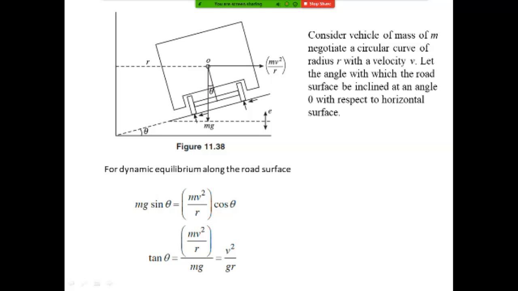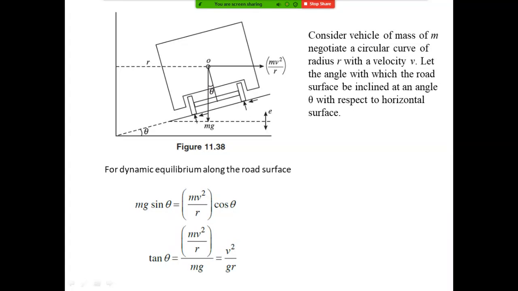Then if I equate it to the normal, mg sine theta is equal to mv square by r for the equilibrium condition. This component is mg sine theta. If this is the theta, the horizontal component is mg sine theta. This is acting towards the left side, so negative. This is acting towards the right side.